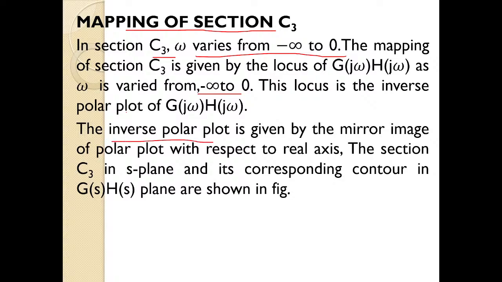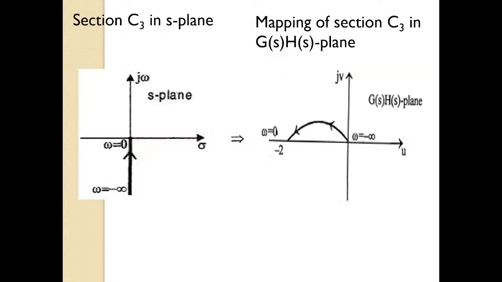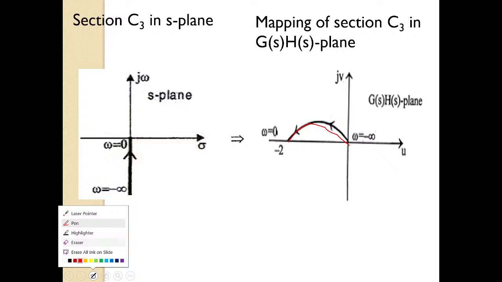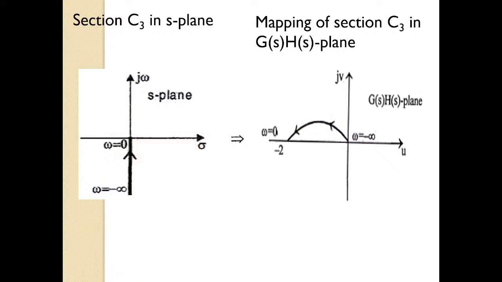So you will get an inverse polar plot on the real axis. Whatever plot that we have got earlier for C1, just draw the opposite to it. You need not do anything else. So this is our C3 on S plane, and this is our G of S, H of S plane C3 contour.